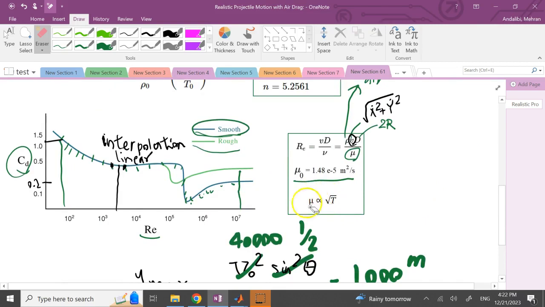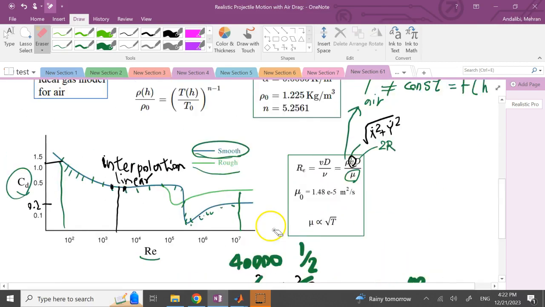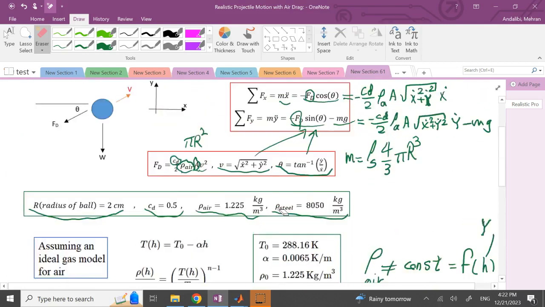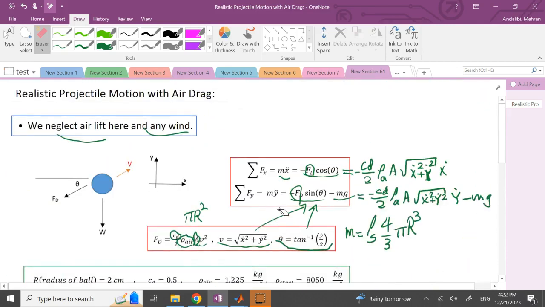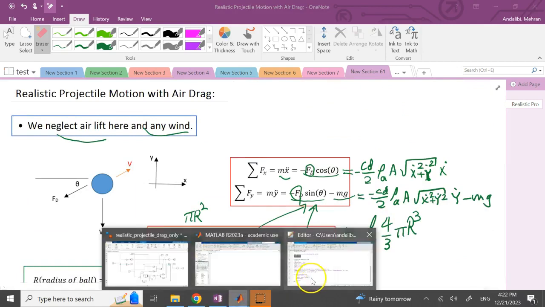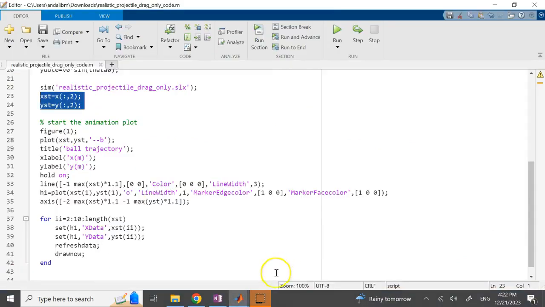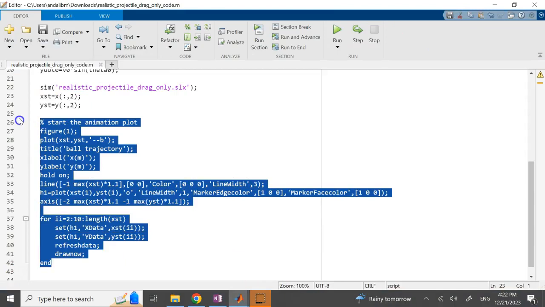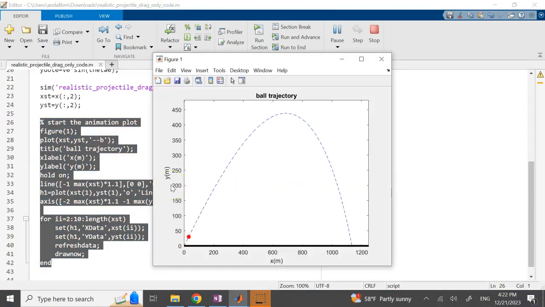And this viscosity is also not a perfect function of square root of T. So here we did a lot more realistic than what you normally do, but compared to real life, this is not 100% realistic, though clearly a lot better than what you do in a physics class. I'm going to upload both this MATLAB file and the Simulink file for you, and feel free to use it, play with it, and see for yourself a more realistic projectile motion.